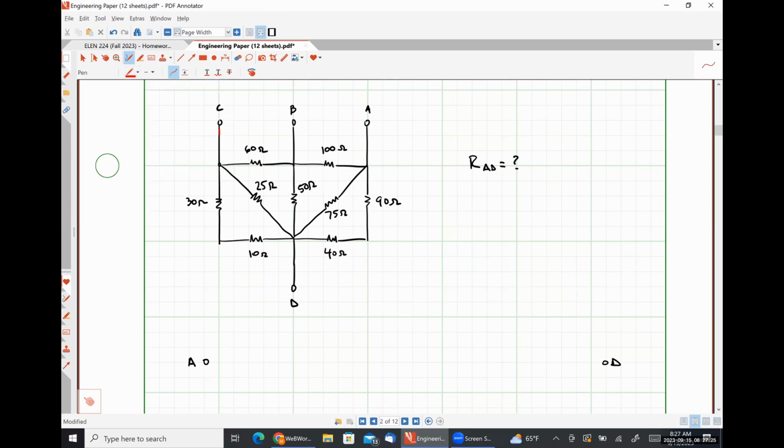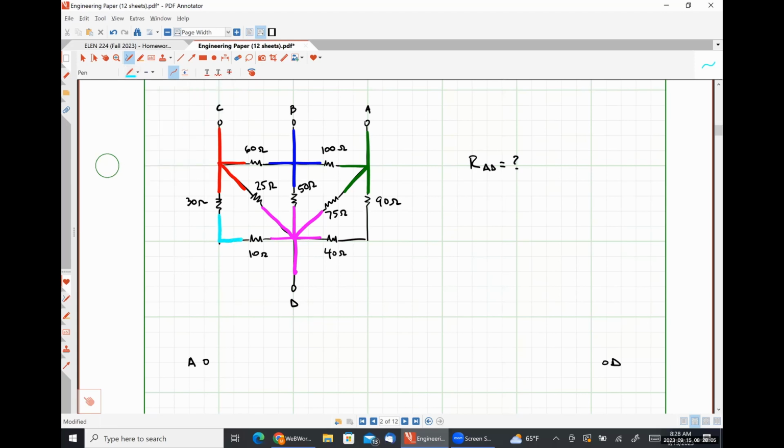So this red node here is going to be node C because it's already connected to terminal C. This blue node here is going to be node B because it's already connected to terminal B. This green node here will be node A because it's already connected to terminal A. This pink node here will be node D because it's already connected to terminal D. And it looks like I have two more nodes which don't currently have labels.